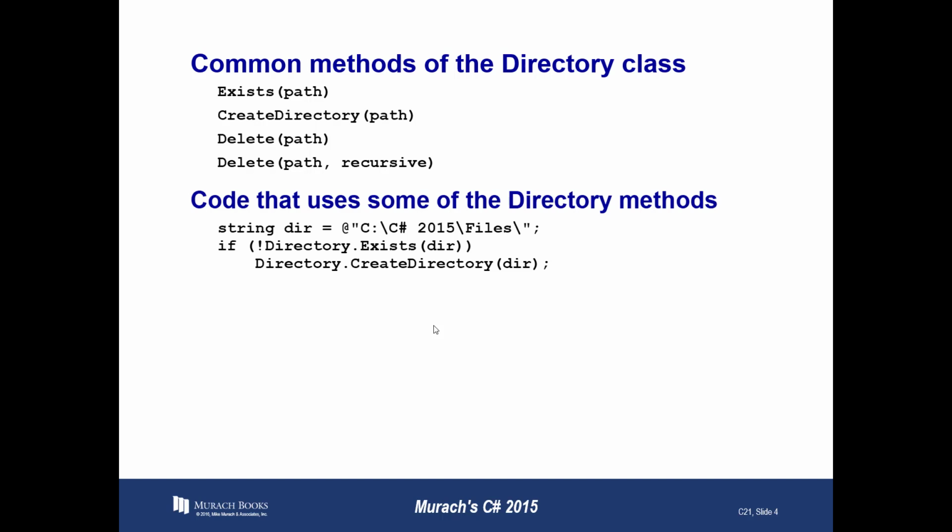Here's an example. Our directory is on the C drive, and underneath it is a folder called C# 2015, and underneath that is a folder named Files. What you're saying is, if that directory does not exist, create it.